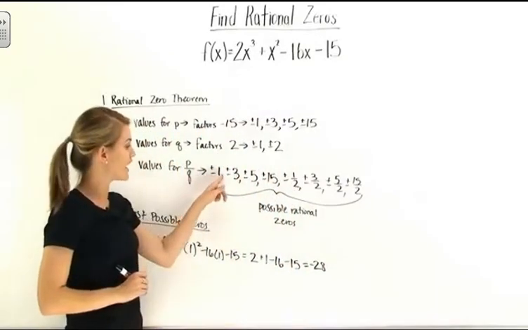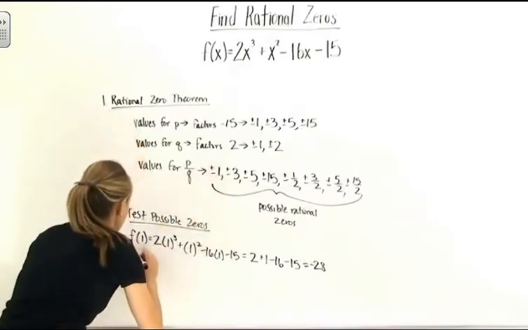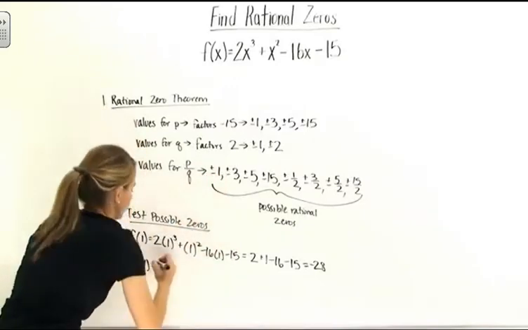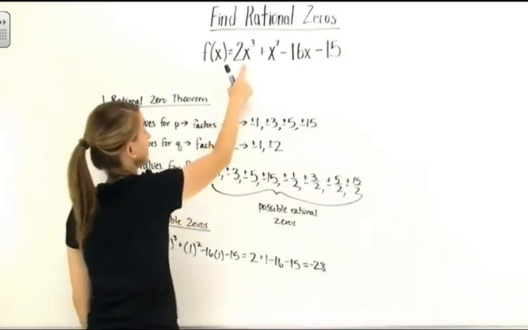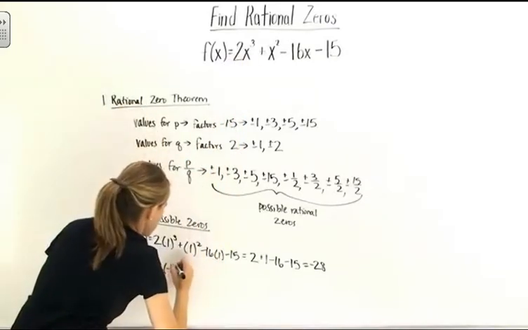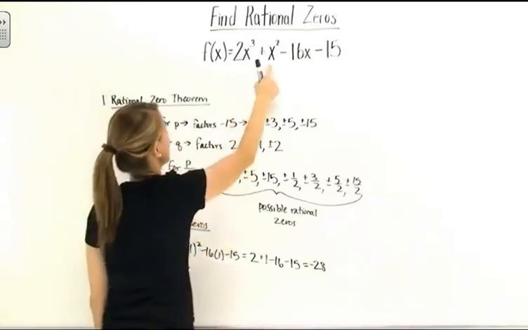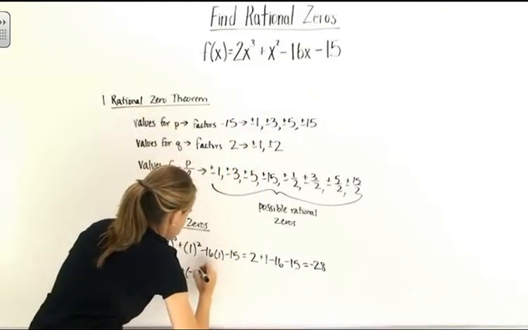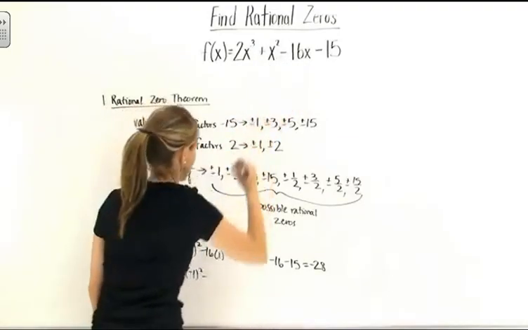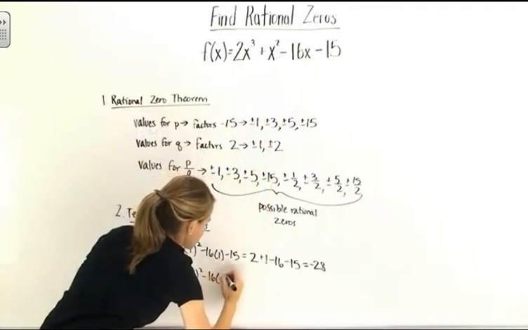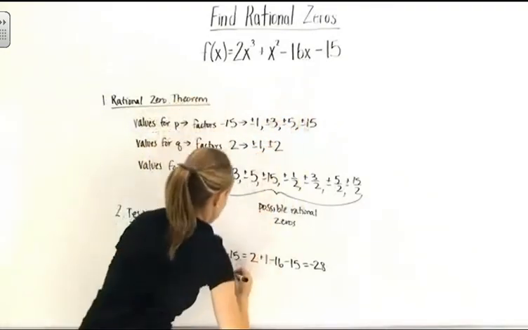Let's go ahead now and try negative 1. Let's try f of negative 1. Well, that would be 2 times negative 1 to the third plus negative 1 squared minus 16 times negative 1 minus 15.